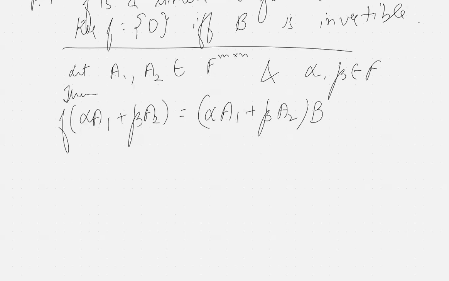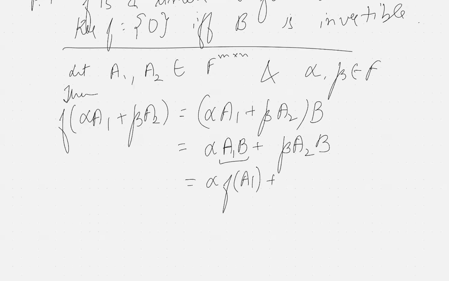This would become alpha times A1B, order has to remain the same, plus beta times A2B. Now, this equals alpha times f(A1), since f(A1) is A1B, plus beta times f(A2), because this is f(A2). That's it. So f is a linear transformation.